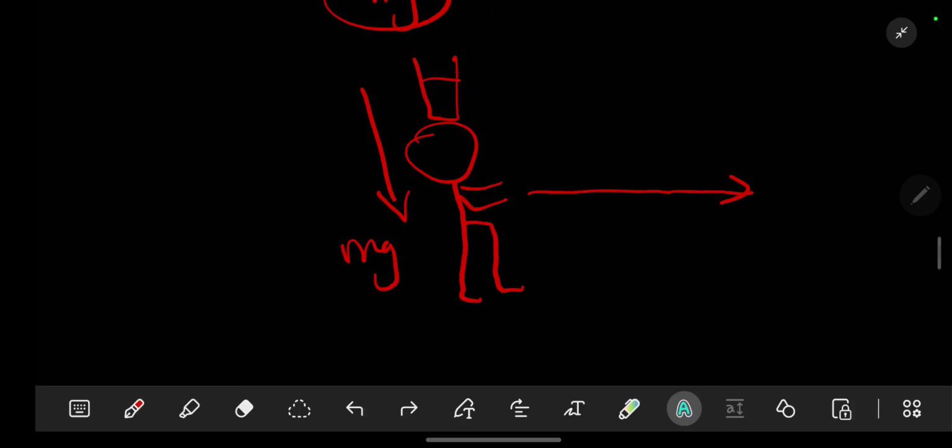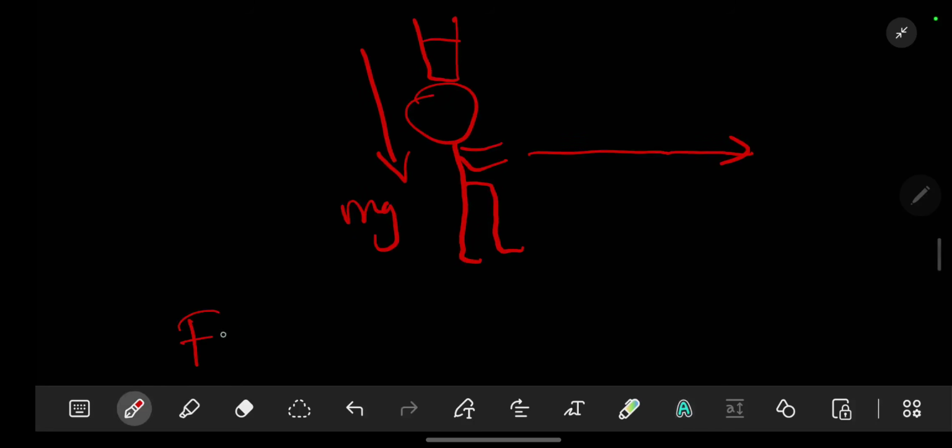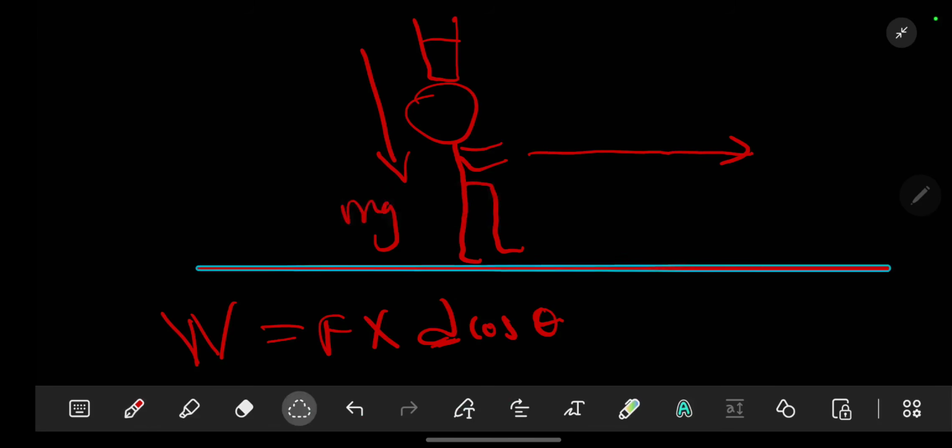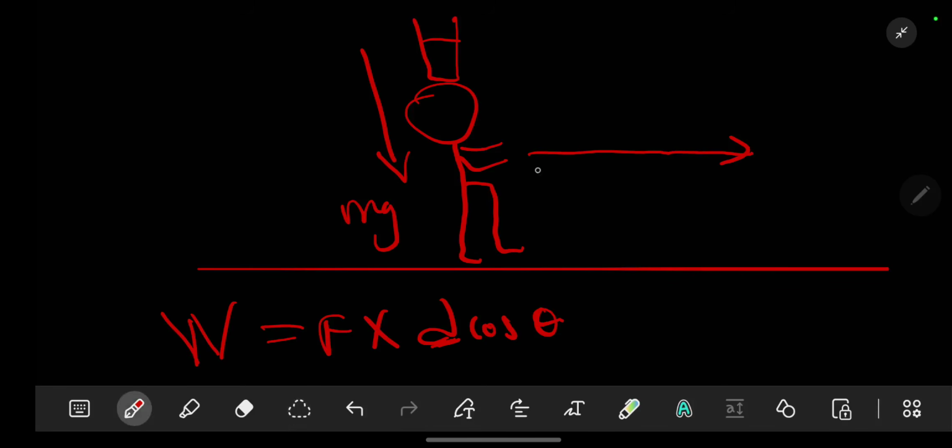So remember, work is the product of the force and the distance moved in the direction of the force. Sometimes you will need to attach the cos of theta, which is the angle between the force and the direction of motion.